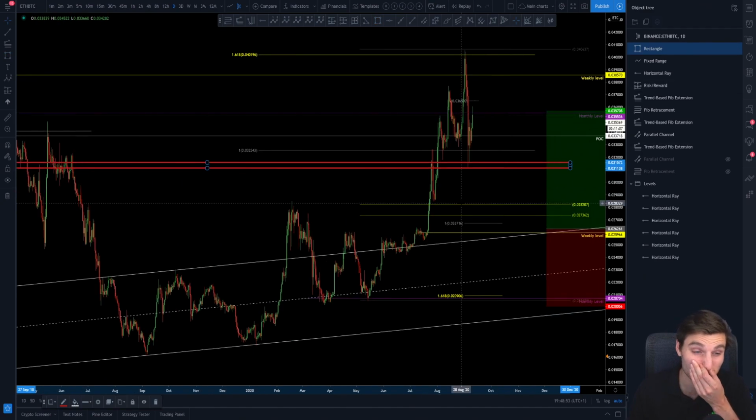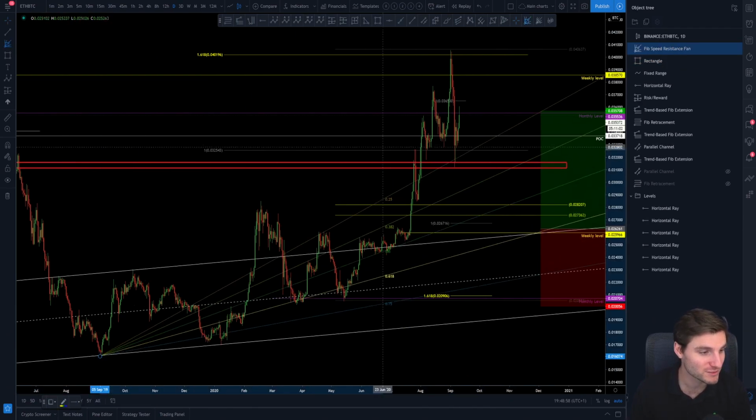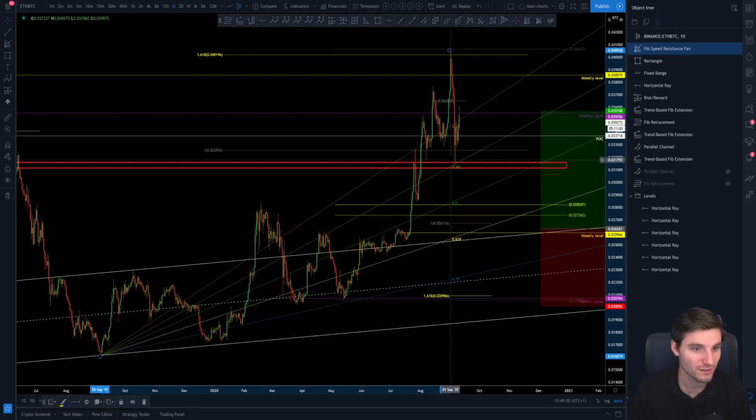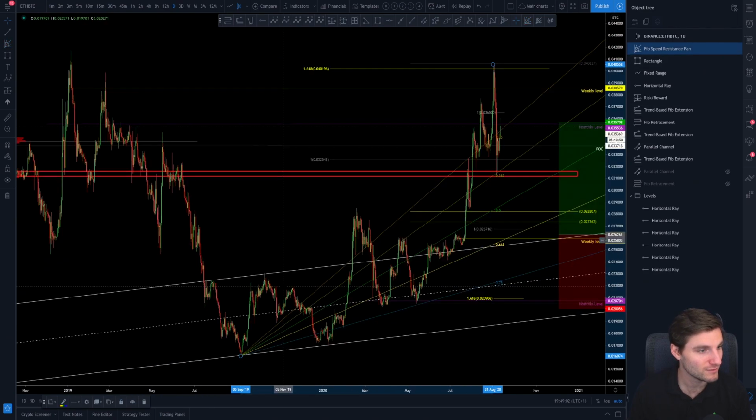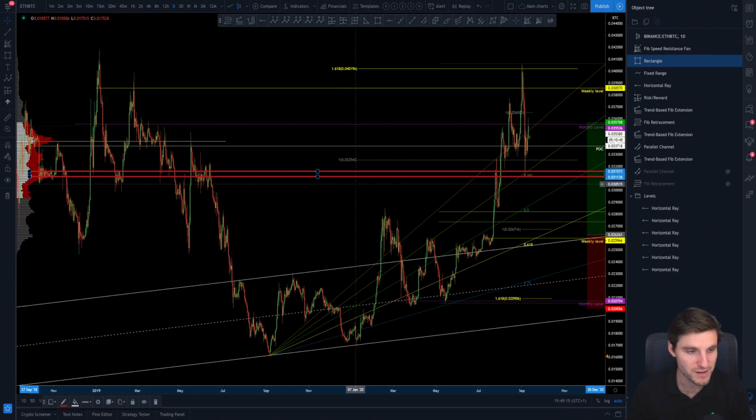There was so much confluence, let's be honest, on that wick. So much confluence. Yeah, that's pretty amazing. I didn't trade that, by the way. I missed that, but yeah, that would have been amazing confluence.